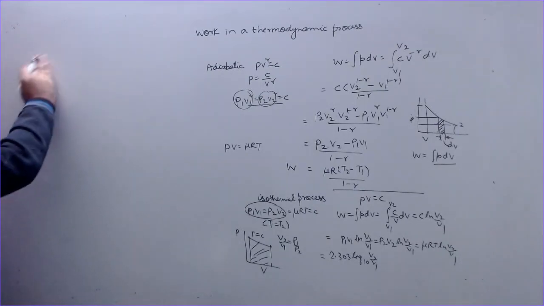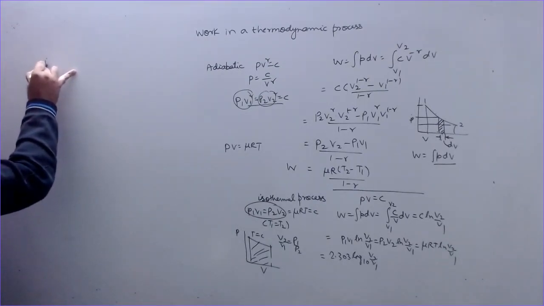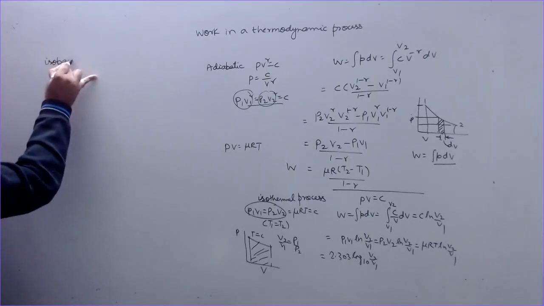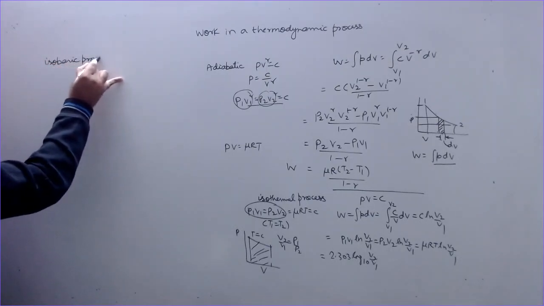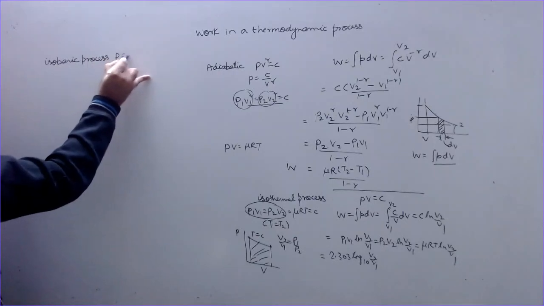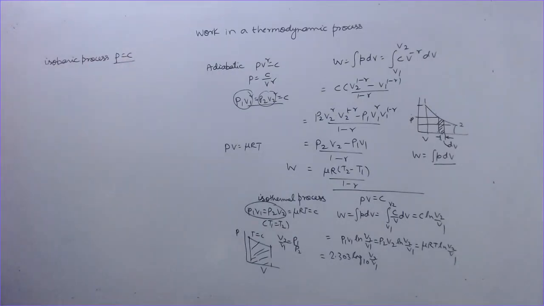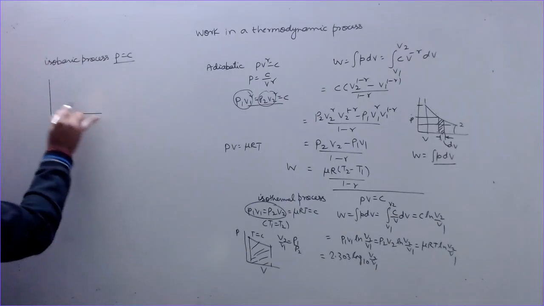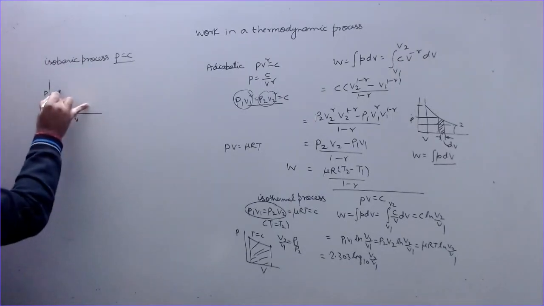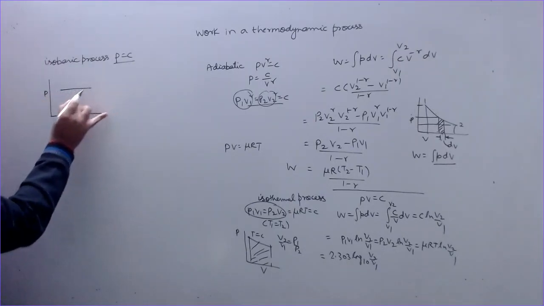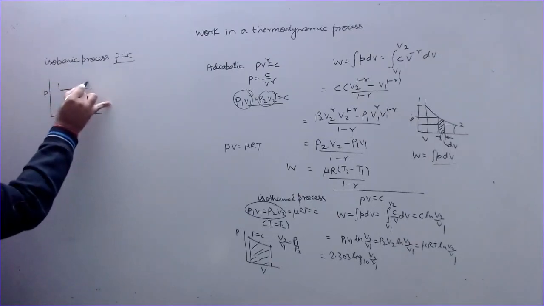The other processes are the isobaric process, for which the relation is pressure is constant. We have to find the work done during this process. And an isobaric process on a PV diagram can be shown like this. Pressure is constant, volume is changing 1 to 2.